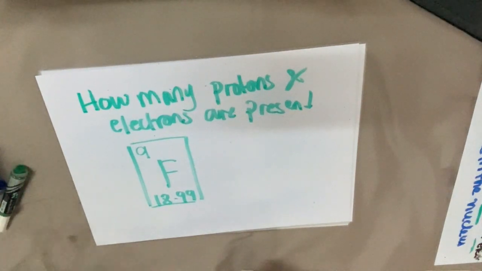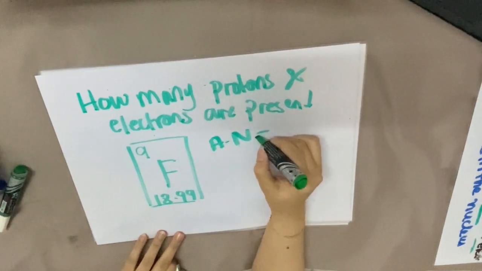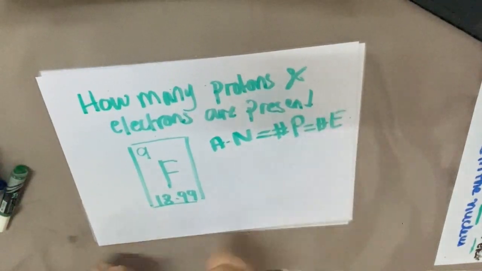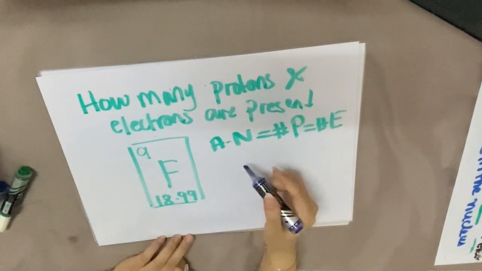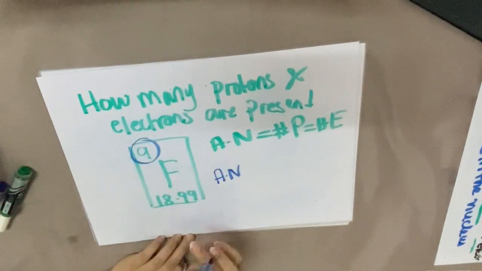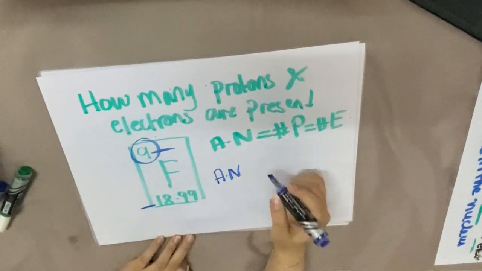We discussed that the atomic number equals number of protons equals number of electrons. So what is the atomic number in this case? Our atomic number is 9 because we already agreed at the top atomic number, at the bottom atomic mass.